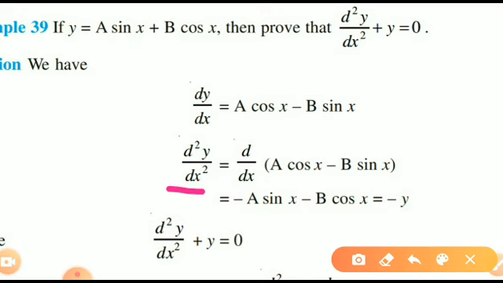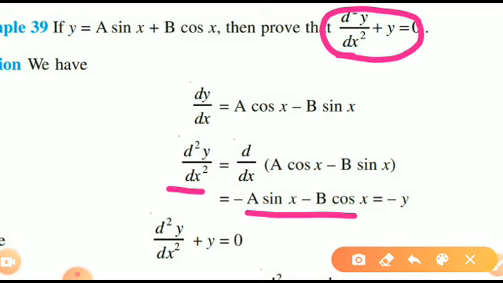Now after that, whenever the question comes out to show like this, either you find your d2y by dx square, which I have got, then consider d2y by dx square plus y, substitute the values and see whether the answer is equal to 0. That is one method. Or, now I have found d2y by dx square, but can I write this using your given?